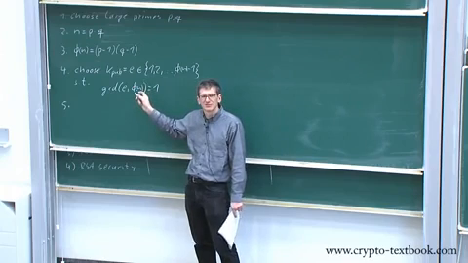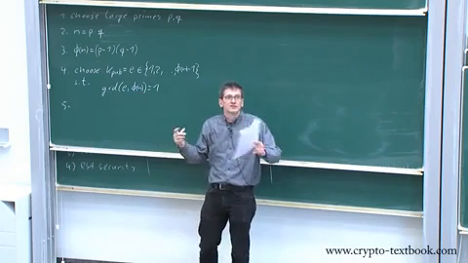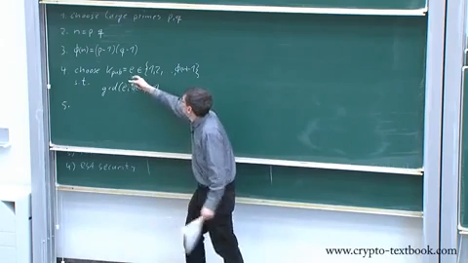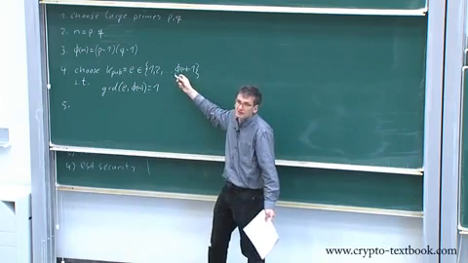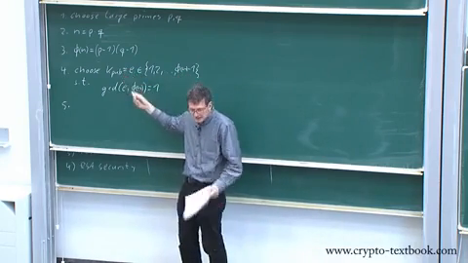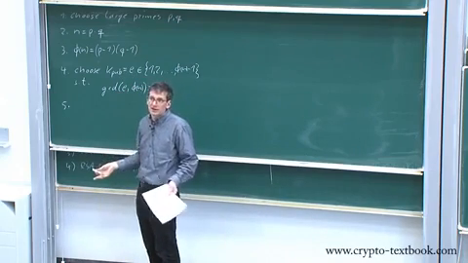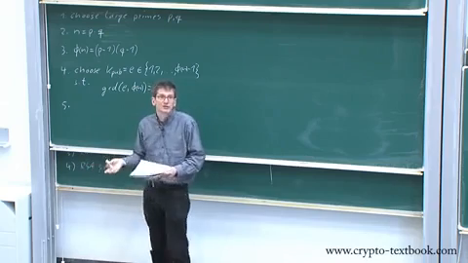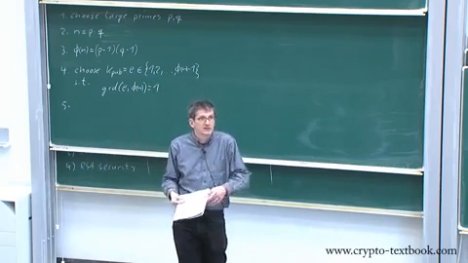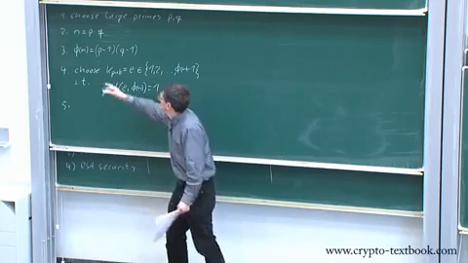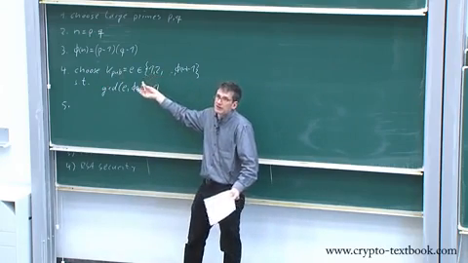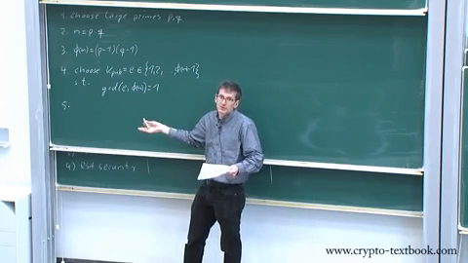The inverse, exactly. And you see E is smaller than phi of n, so it's probably the inverse of E. And it turns out the inverse of E is the private key. That's it. Computing inverses is something very, very important. You have a freely chosen parameter, and if you compute the inverse, that's the private key.